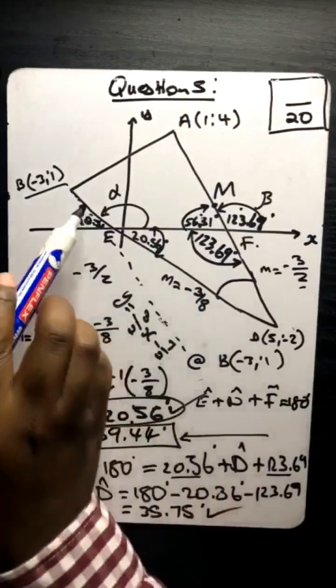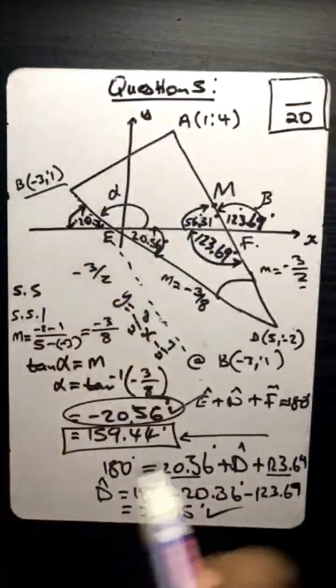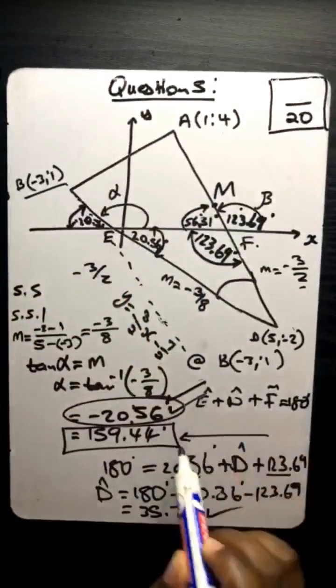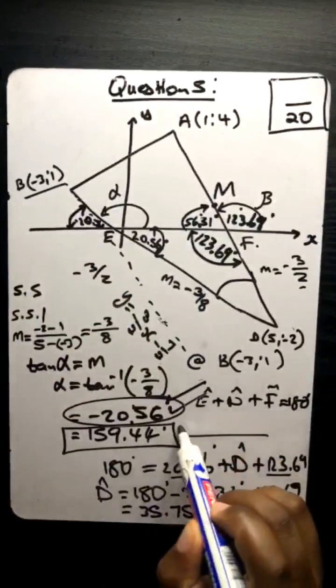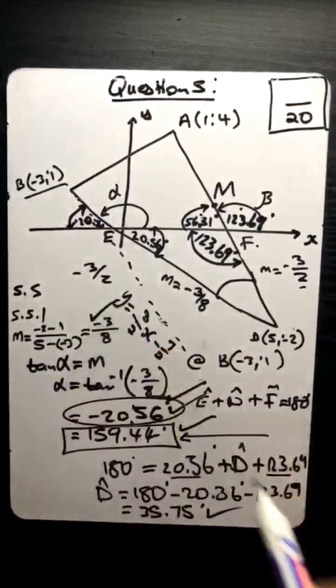You say this angle is that one, and then vertically whatever. So that's where you will score 2 marks. But if you worked it up to here, you will get a mark for that. And then also for this one, you will get a mark.